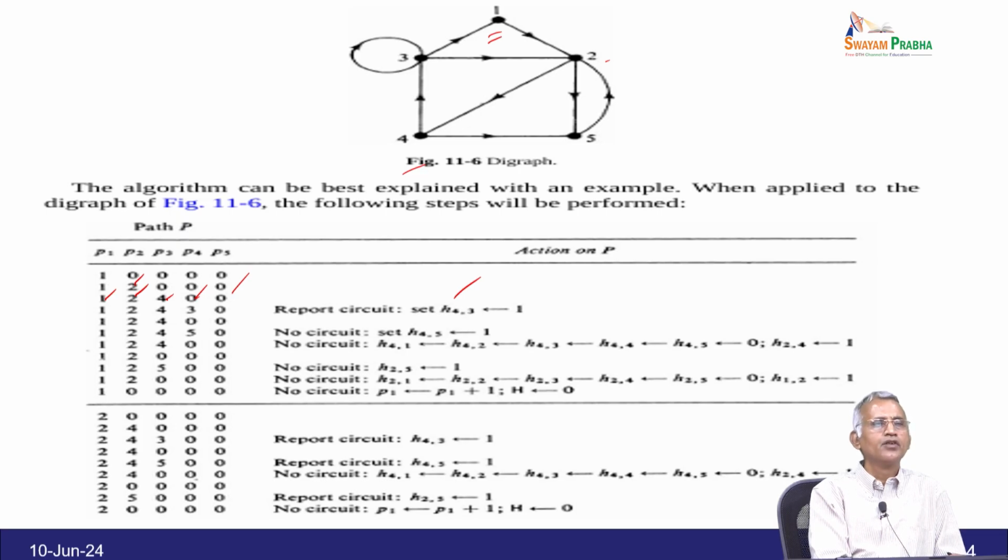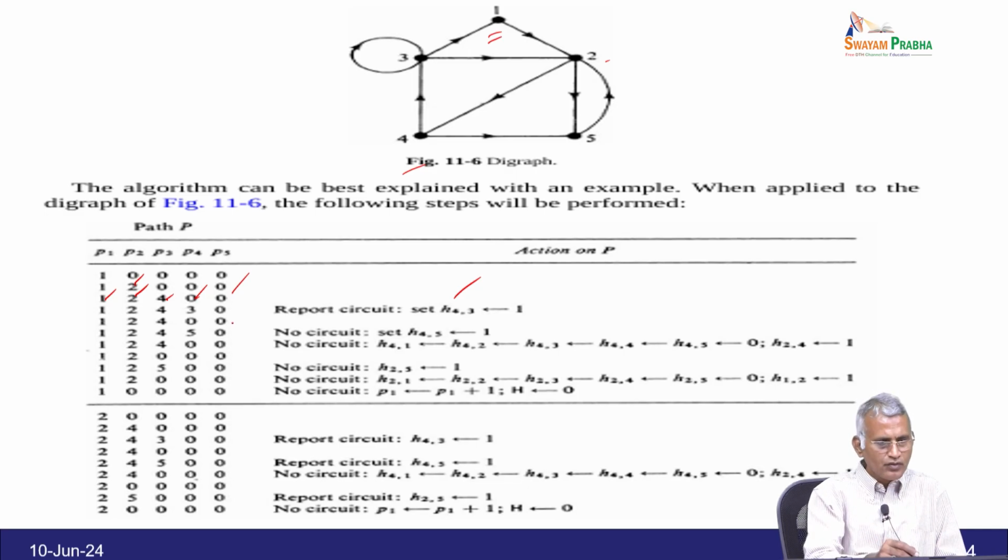Now, you go to the next: 1 to 2, 2 to 4, therefore 2; 1 to 2, 2 to 5, that is also 2; and then 1 to 2, 2 to 4, 4 to 5, 5 to 2, therefore there are no possibilities, therefore 0, 0 for the rest of them, therefore no circuit, H451.